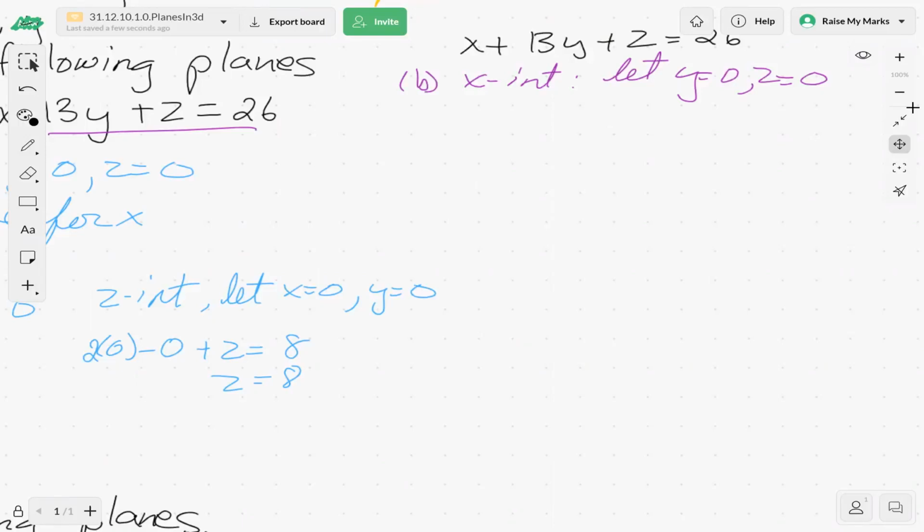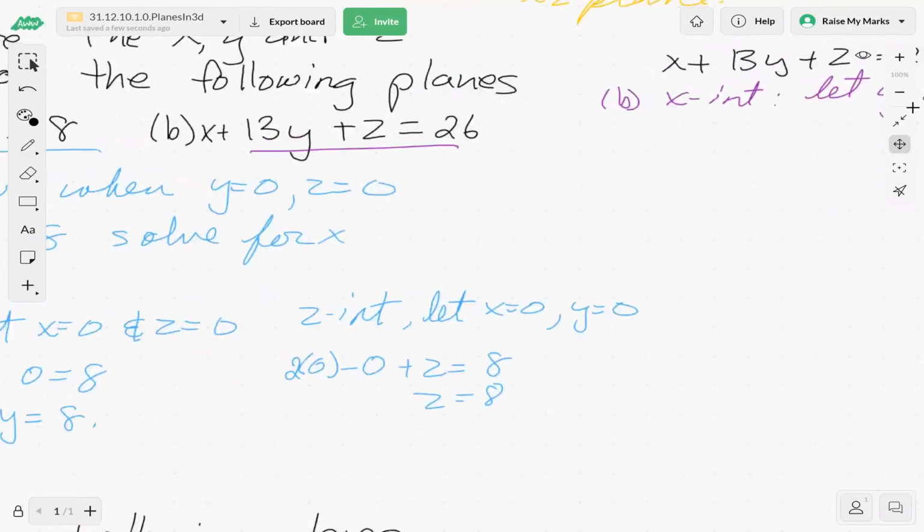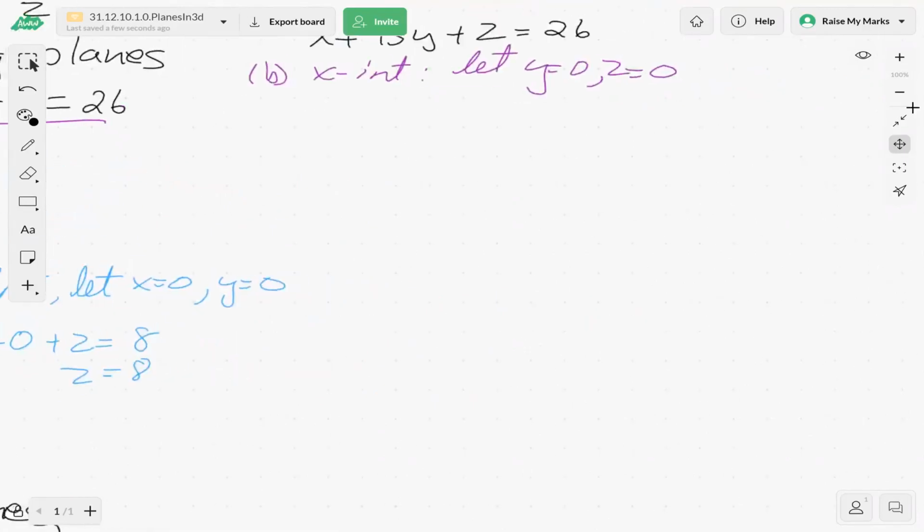It'd have to be parallel to the x-axis in some way. So let's change our plane so that makes a bit more sense. So x plus 13y plus z equals 26. That's our plane. We're going to find the x-intercept.